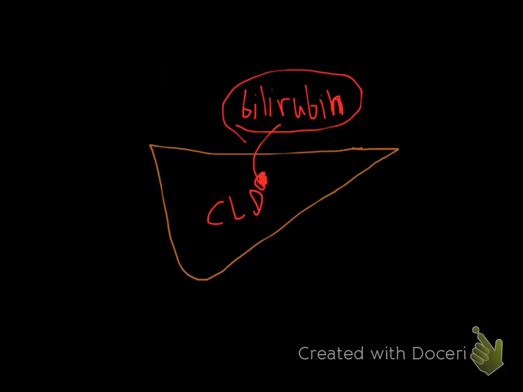The body will not excrete bilirubin, so the levels of bilirubin in the body will increase, and that will cause what we call jaundice, which is a yellow discoloration of the skin and sclera.